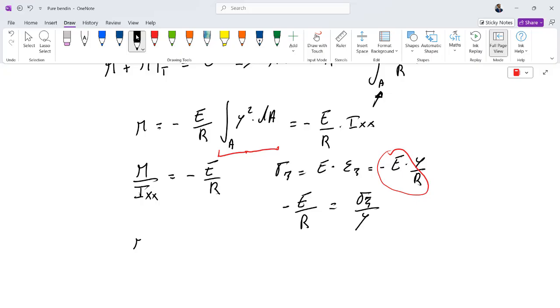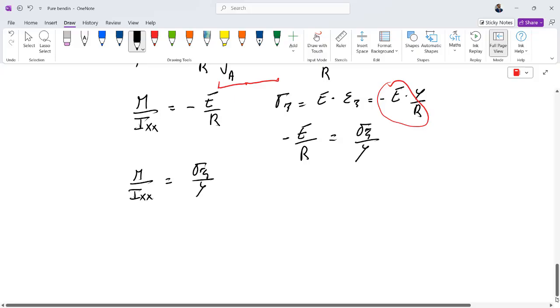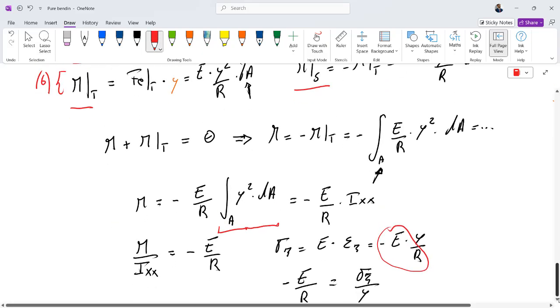So M, the bending moment, divided by the moment of inertia is equal to sigma z divided by y. So we can finally obtain the expression for the stress due to the bending moment. Sigma z is equal to M times y divided by Axx. This is the last equation of this relation, that is the seventh equation.